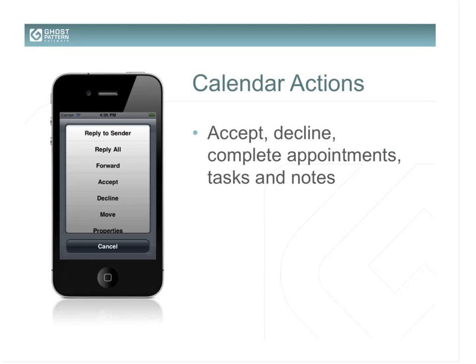And in fact, GroupWise web access won't let you delete an appointment. You have to either accept it or decline it. But those kinds of item-specific features are there: accepting, declining, completing tasks, accepting notes, that sort of thing.